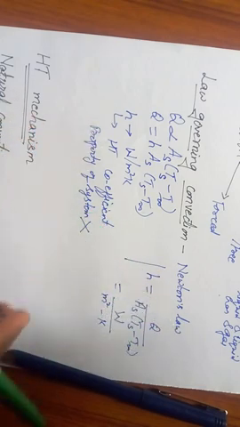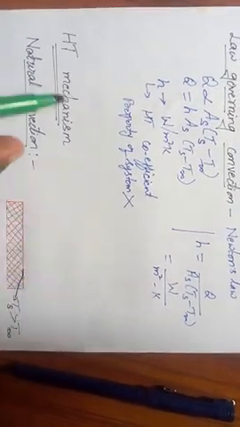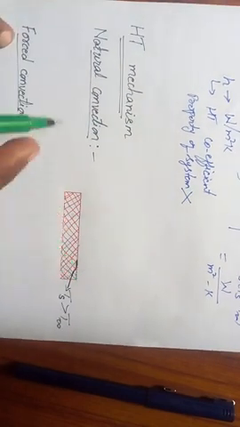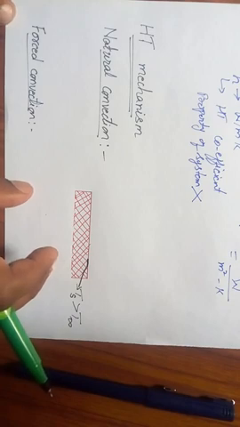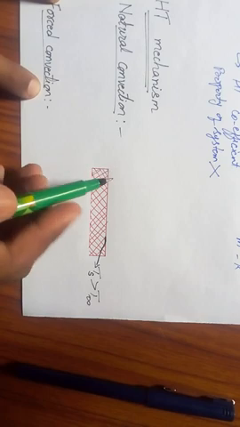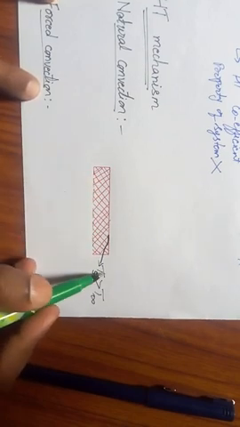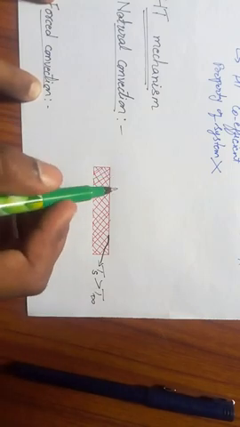Now coming to the heat transfer mechanism, we have two different heat transfer processes, natural and forced convection. For natural convection, let this be a hot surface whose temperature is greater than the surrounding temperature, T infinity.